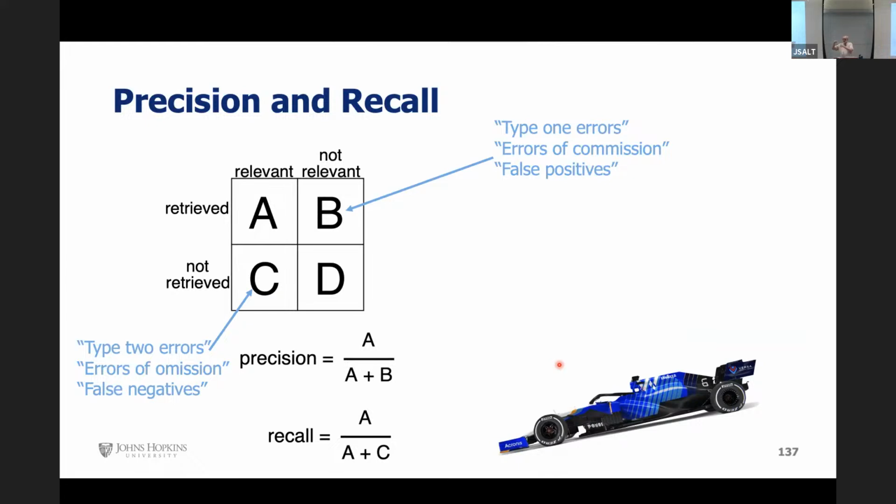So if you look at the top 10 documents in your ranked list, and 7 of them are relevant, 3 are not, then your precision is 70%. Recall is what percentage of the relevant documents did you actually find? If there are 4 relevant documents, and in your top 10 you found 3 of those, then your recall is 75%. You found 3 out of 4 of them.